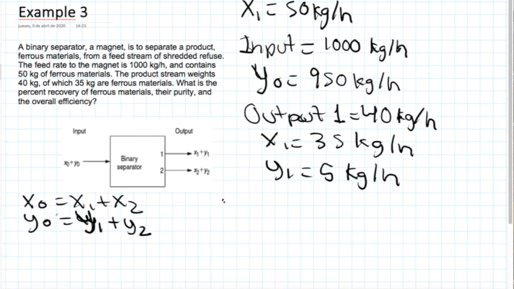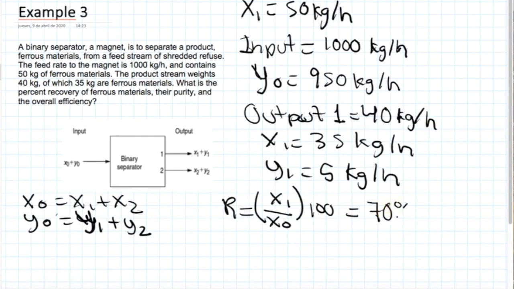So we can now start with the recovery efficiency. The recovery efficiency equals x1 divided by x0 times 100, and this should be equal to 70%.